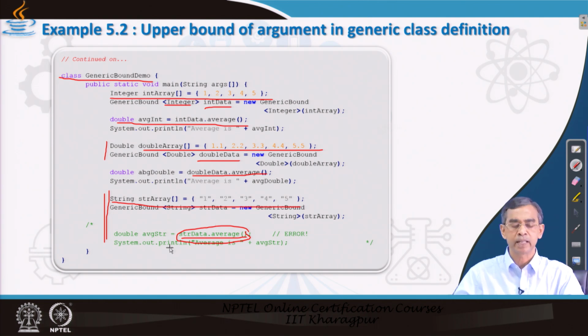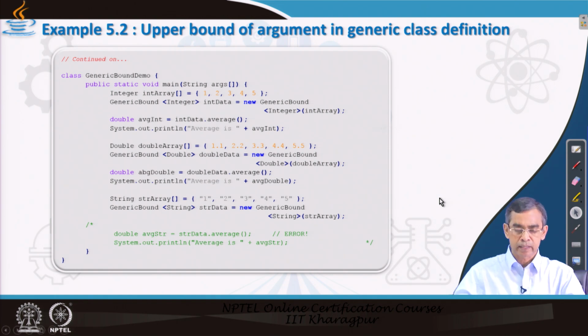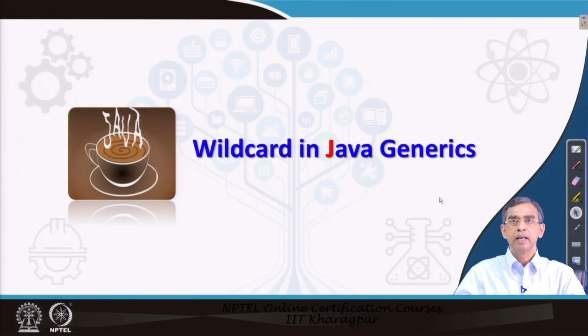So, this will give an error, but this will not give an error. As in the last video lectures you saw, without that definition of upper bounding an argument, it gave an error. So, this is the concept of upper bound of argument that is there in Java programming, or we can say Java generic programming.